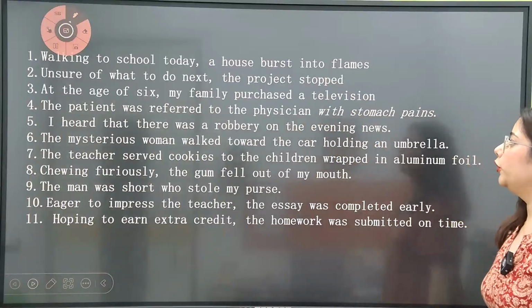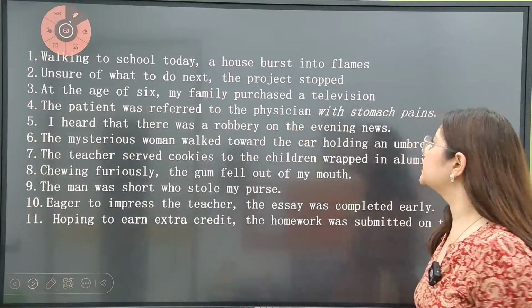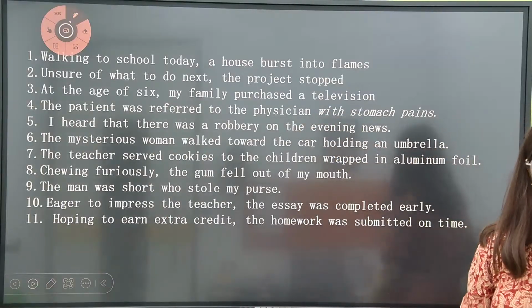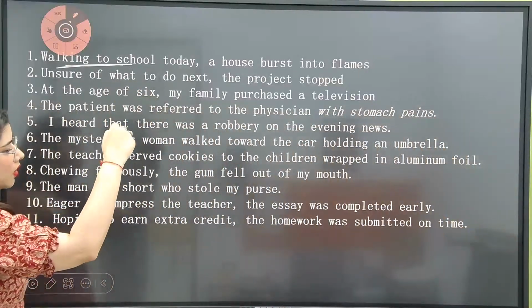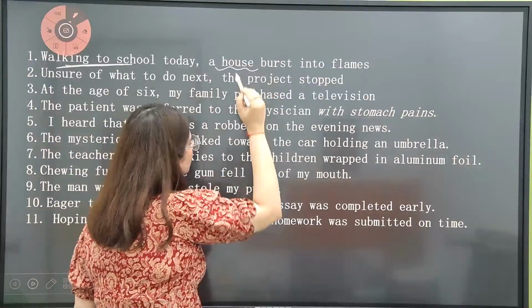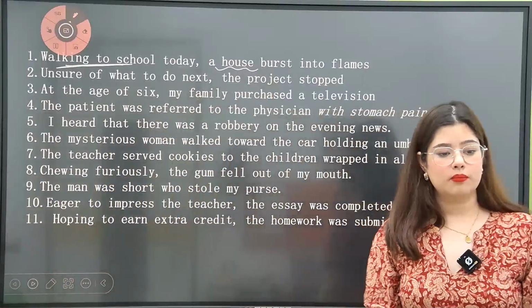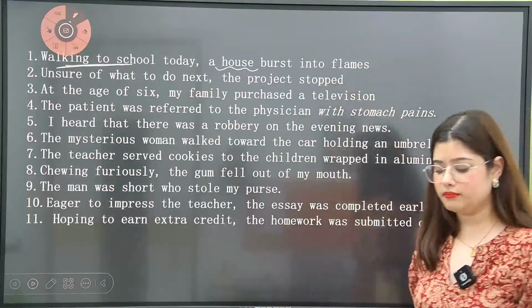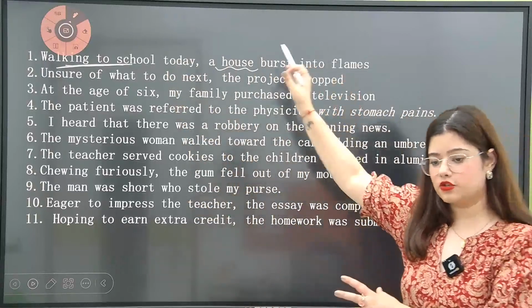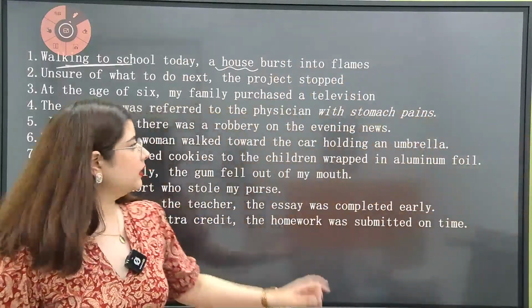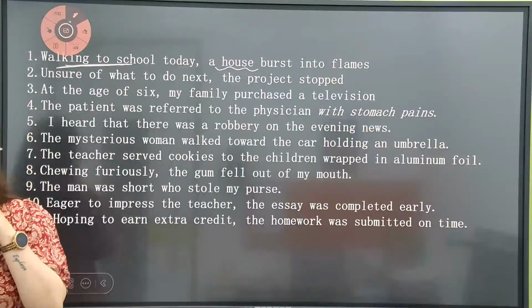Walking to school today, a house burst into flames. Again, who was walking to school? Was the house walking to school? Because here it would seem like the house was walking to school, as it is placed closer to the modifier, right?